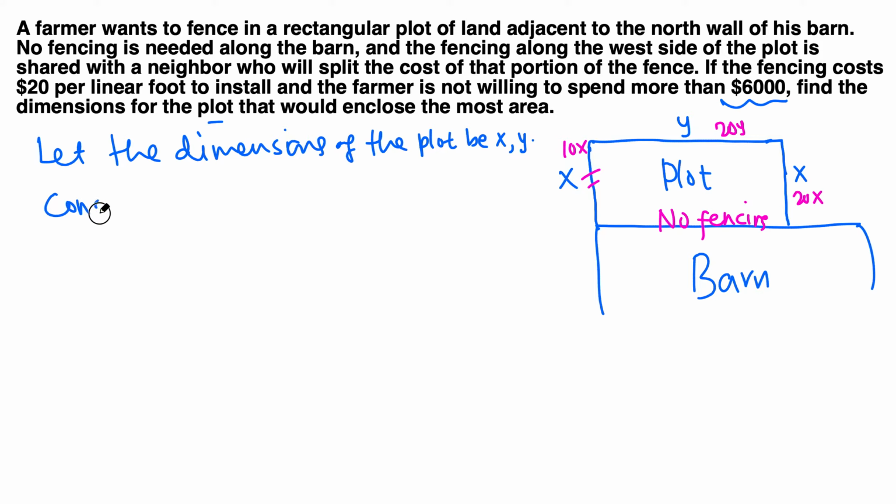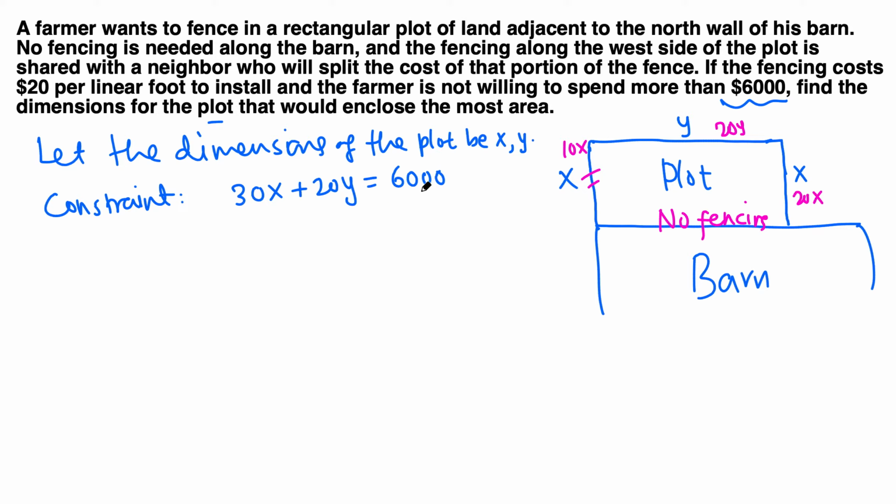Now we have the constraint about the cost. So we already decided here, this is 20x, 10x, that's 30x plus 20y is equal to 6,000.